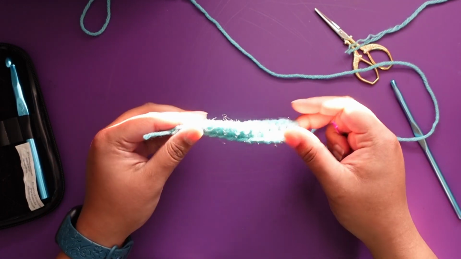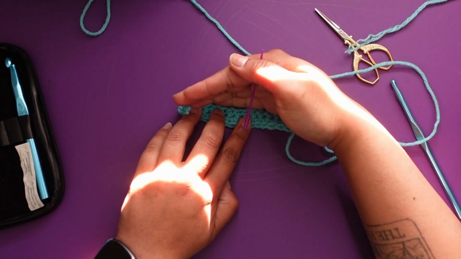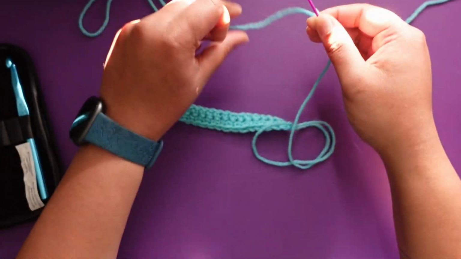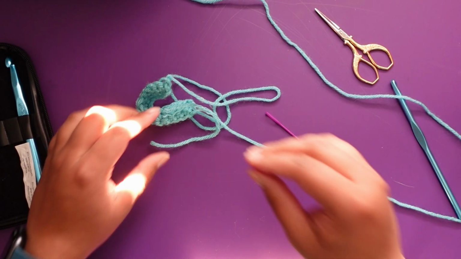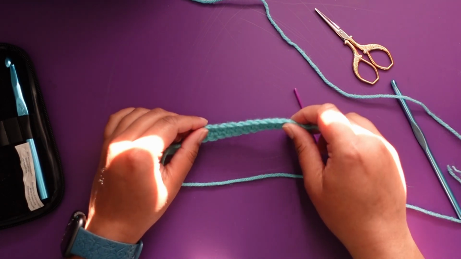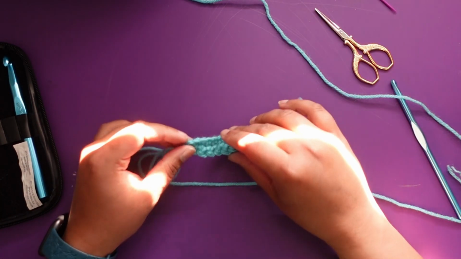What that means is if I had two of these and I wanted to bring them together, I would use this needle with the yarn in it to basically sew through my pieces and join them. Most patterns that you're going to be working with will have some form of sewing, especially if it is a clothing item. The other term that you might hear is called casting off.